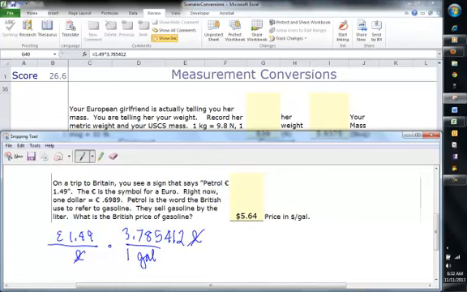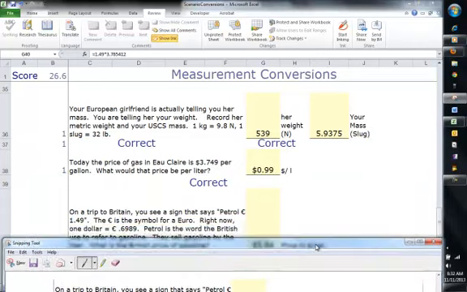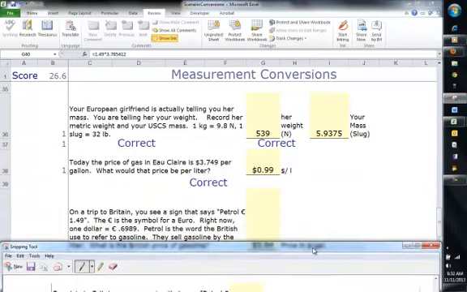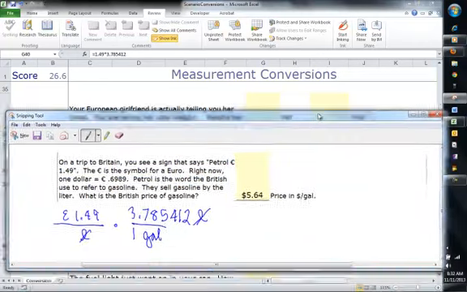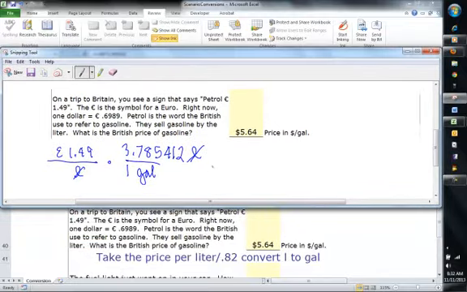Now we can cancel the liters there. But we're still left with euros. $1 is 0.6989 euros. So what we need to do is to multiply by the number of liters and divide by the conversion for euros.